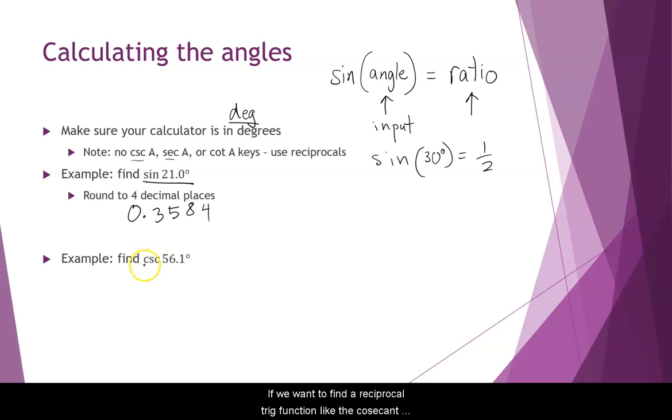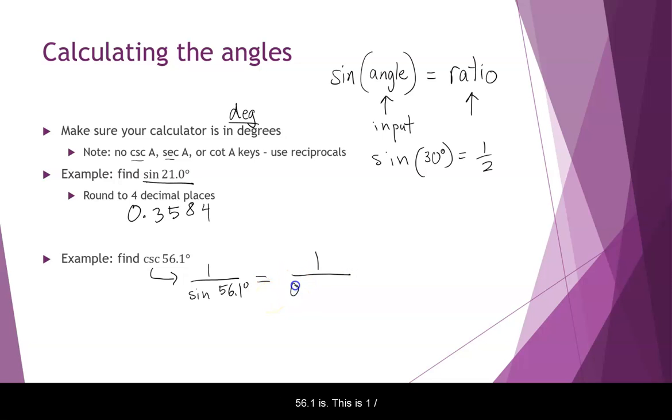If we want to find a reciprocal trig function like the cosecant of 56.1 degrees, I first have to figure out what that cosecant is. I remember that cosecant is the reciprocal, 1 over sine. So this is the same thing as saying this is 1 over sine of 56.1 degrees. And now on my calculator, I can figure out what the sine of 56.1 is.